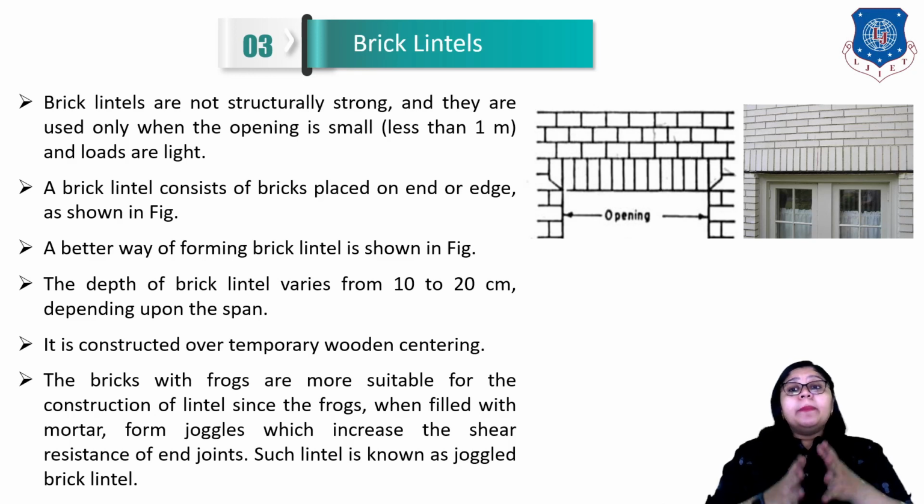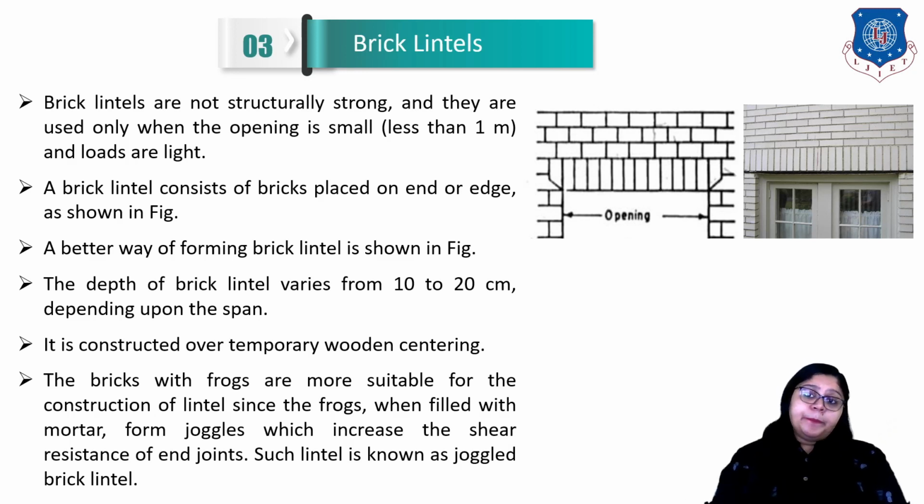Now, when I talk about a brick lintel, it consists of a brick placed on end or on edge, as shown in this figure. A better way of forming a brick lintel is as shown in the figure. The depth of a brick lintel varies from 10 to 20 centimeter depending upon the span.